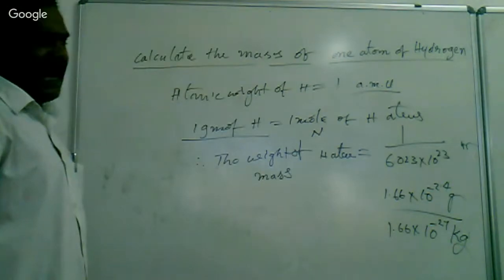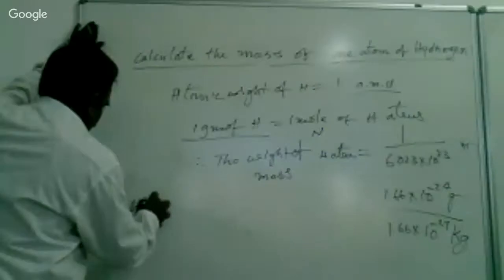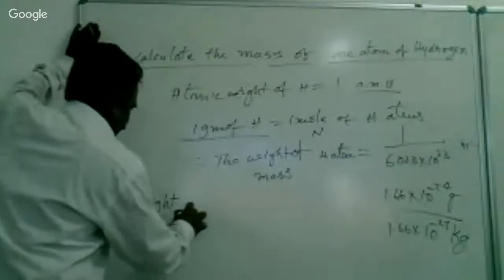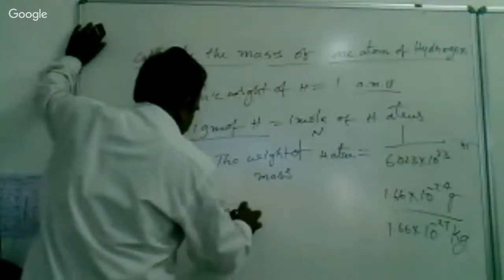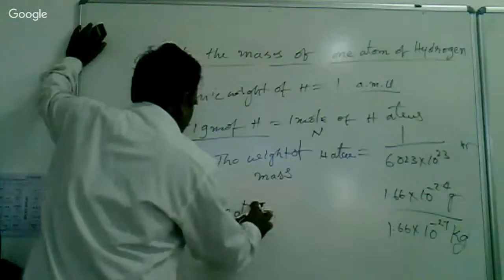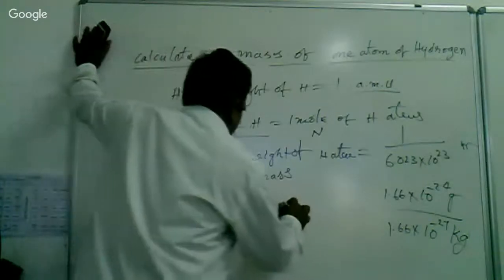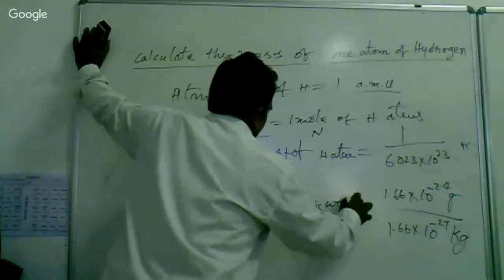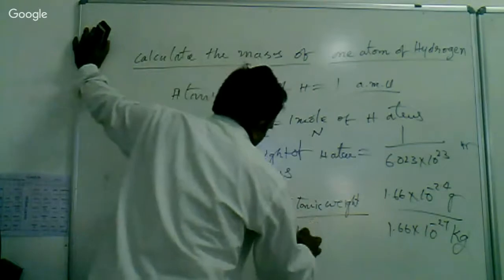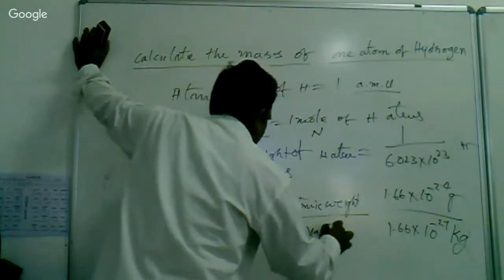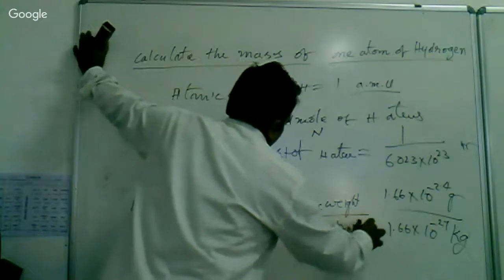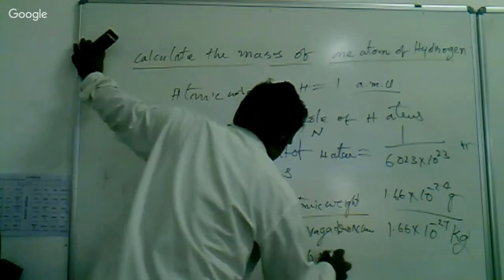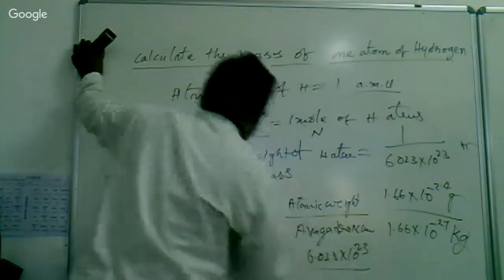So simply we can remember the formula: mass of one atom is equal to atomic weight by Avogadro number. 6.023 into 10 power 23 is nothing but Avogadro number.